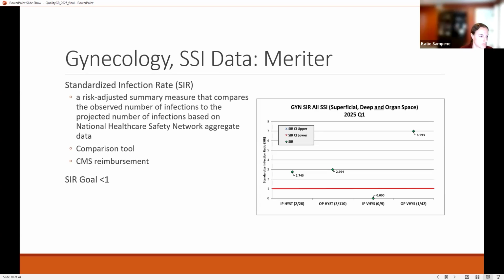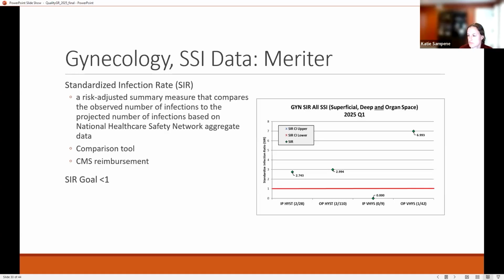It's a comparison tool. It compares how we are doing here in our surgical site infection rate to how others are doing in the nation or regionally in their surgical site infection rate, or SIR. And it is closely tied to CMS reimbursement. The goal is less than 1.